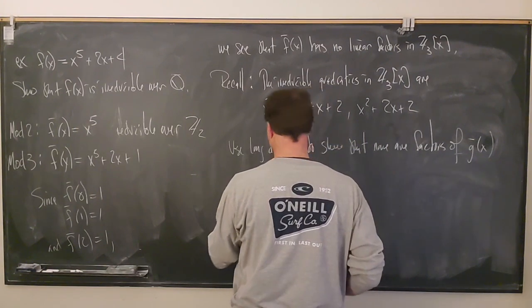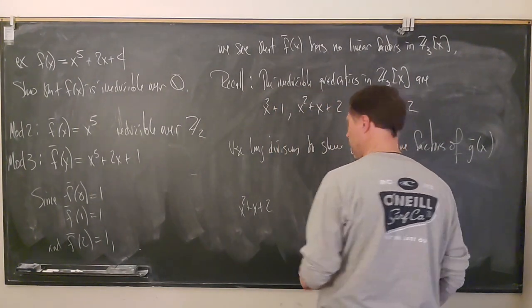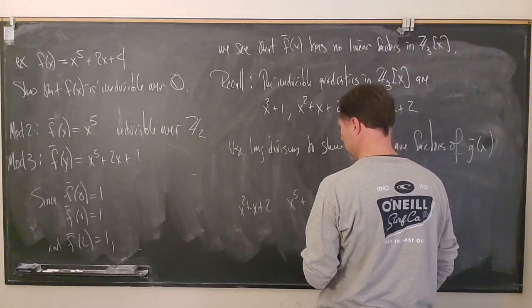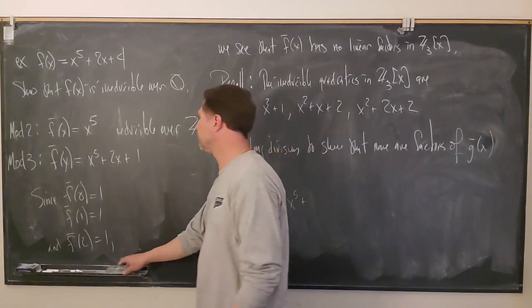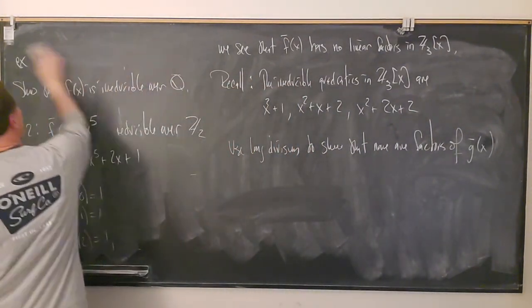So x squared plus x plus 2 divided into f bar looks like this. X to the 5th plus, I'm going to run out of room on it, so I'll do it over here. X to the 5th plus 2x plus 1.